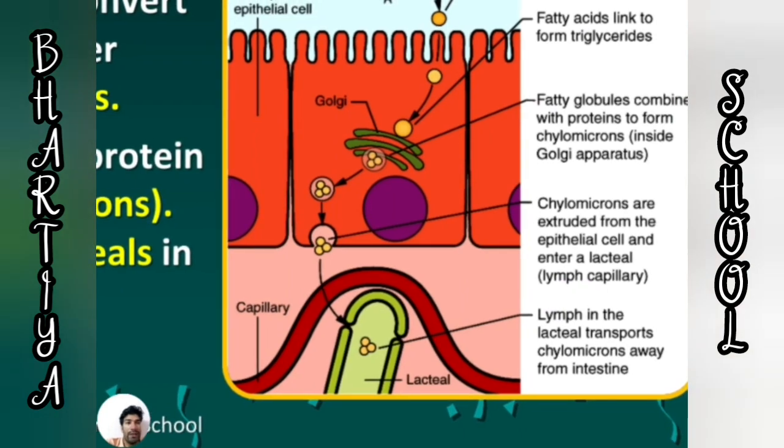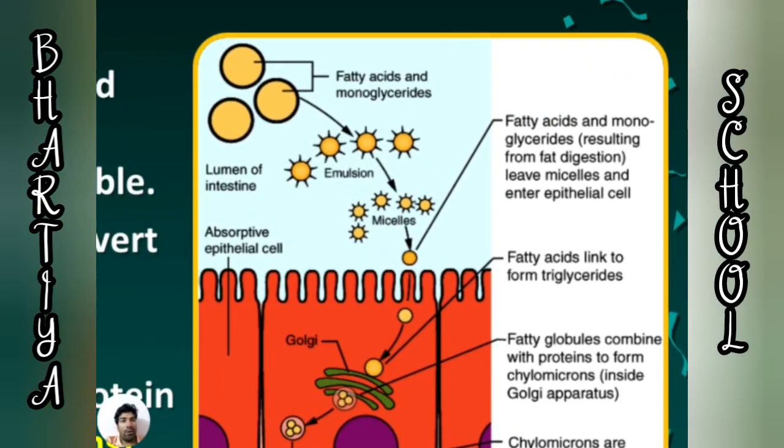Here we clearly see that the fatty acids and monoglycerides present in the lumen of the small intestine get emulsified with the help of bile juice and micelles are formed. The micelles are formed by the bile salts.